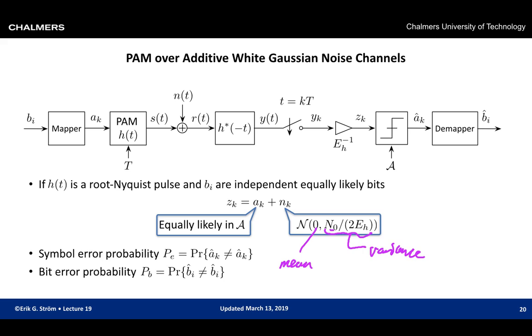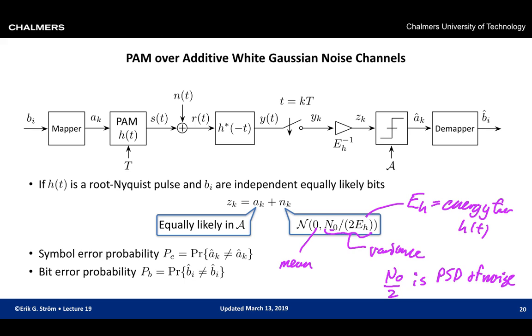The variance is N naught, and N naught is what specifies the level of the noise. In a way, the more noise we have, the greater N naught is, and then divided by twice the energy of the pulse. So EH here is the energy for h(t), and N naught over 2 is the power spectral density of noise.